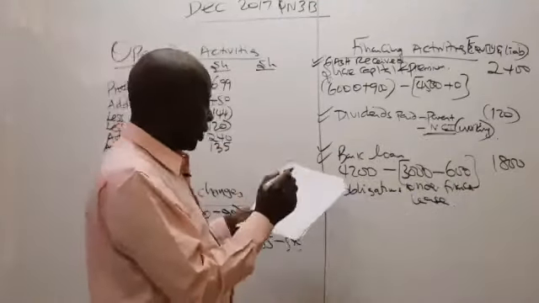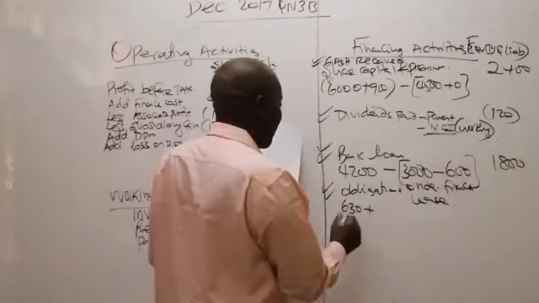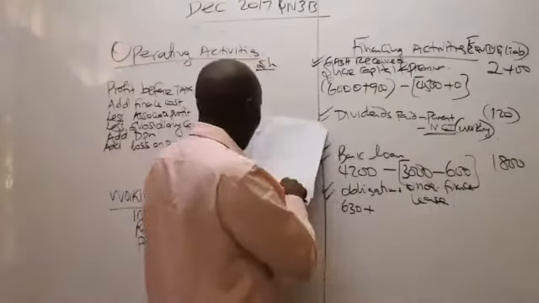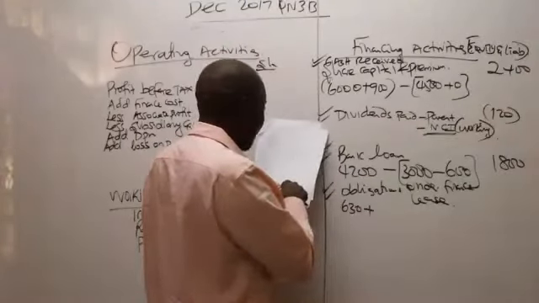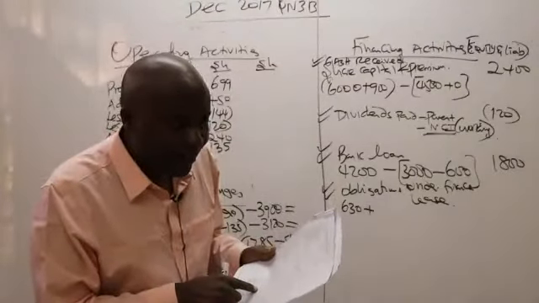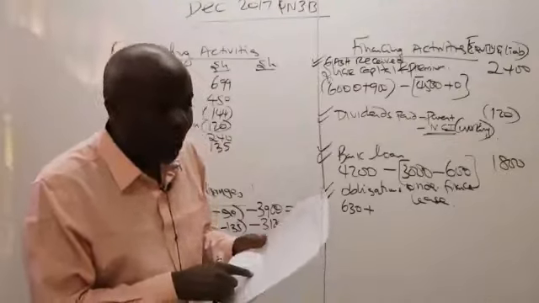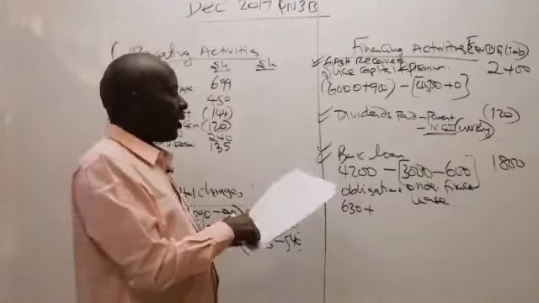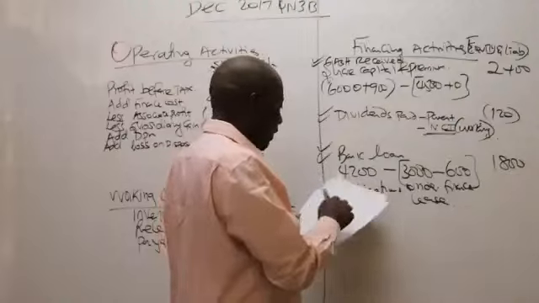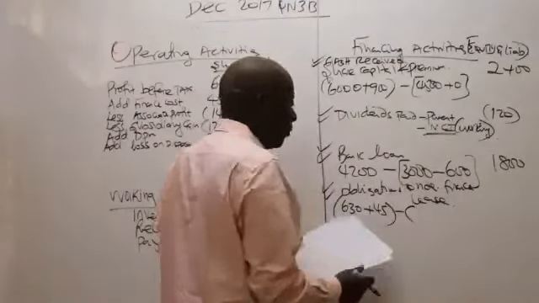Kumbuka tunaanza na closing. So mimi naona pale 630 plus the one which is under current. Under current I can see is it 45. Minus opening.